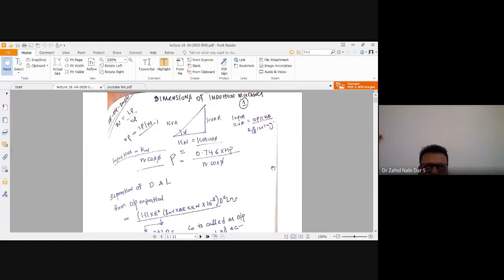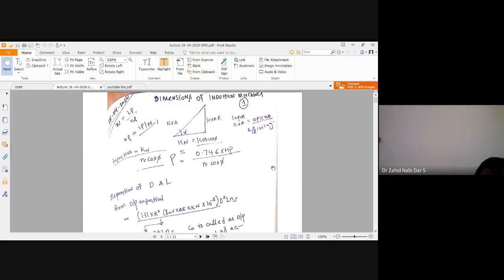The main dimensions of the induction machine are the diameter and the length, so D square L. We have also seen the output equation, the formula derived in the previous class: kVA is equal to C naught D square L Ns, wherein C naught is equal to 1.11 pi square, times the average magnetic loading BAV, also called the specific magnetic loading, times the electrical loading, the ampere conductors per meter AC, times the winding factor Kw, times 10 power minus 3, which we have seen. This is what C naught equals.